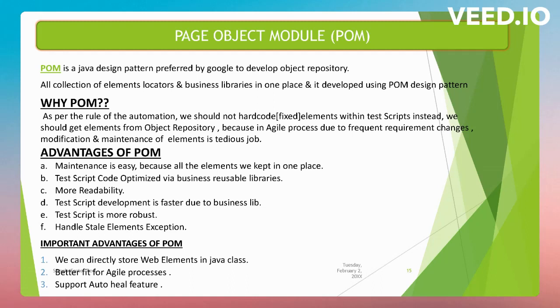We will further know about stale element exceptions. Other advantages of POM: we can directly store web elements in a Java class, it is a better fit for the agile process, and it supports auto heal features. What are auto heal features?